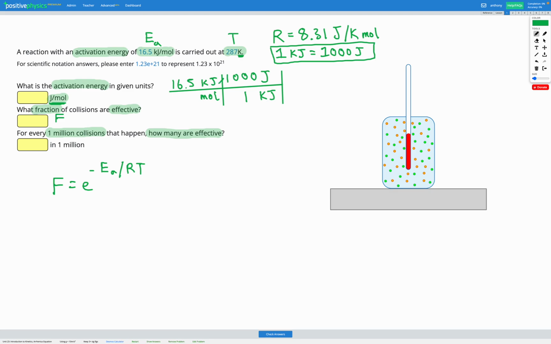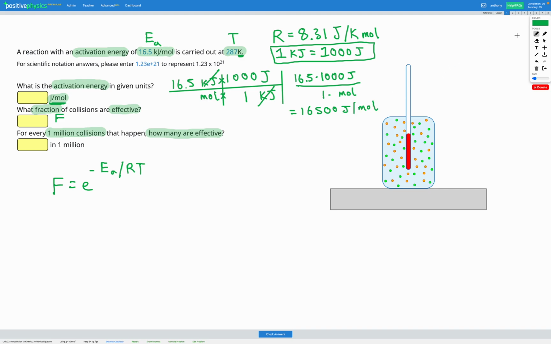Okay, so we're going to multiply everything on the top, multiply everything on the bottom, and cancel any units that are the same on the top and the bottom. So the kilojoules cancel. We're going to be left with joules on the top and moles on the bottom, joules per mole, which is what we want. So putting that in our calculator, we're doing 16.5 multiplied by 1,000 joules divided by 1 multiplied by moles. So 16.5 times 1,000, when we put that in our calculator, we get 16,500 joules per mole.